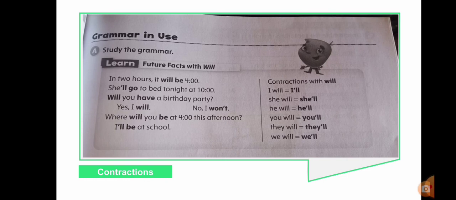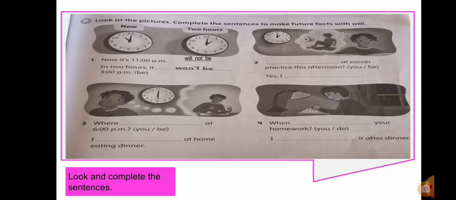I'm talking about statement number 3. So now in brackets they have written you be, and now we have to add will. So it will become, will you be at soccer practice this afternoon? And the answer will be, yes, I will, as the boy is imagining about the soccer practice.